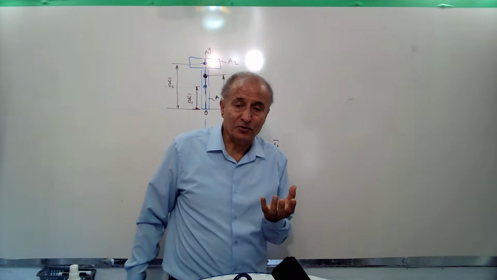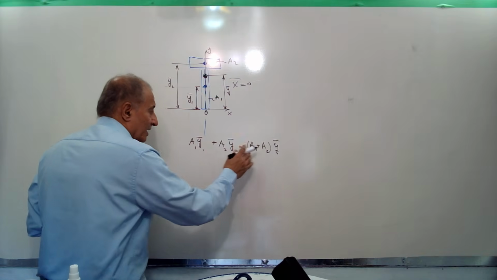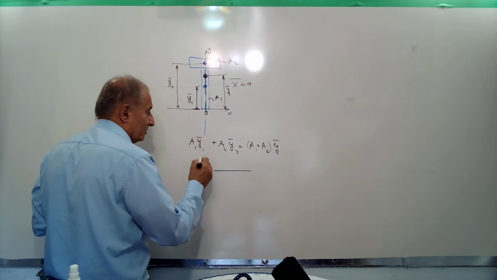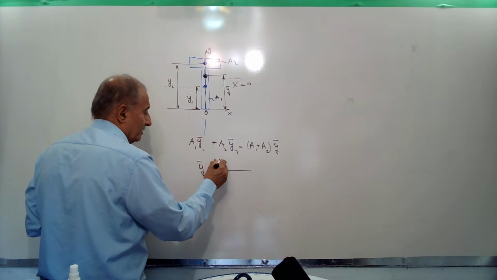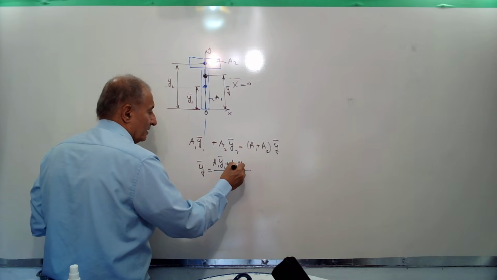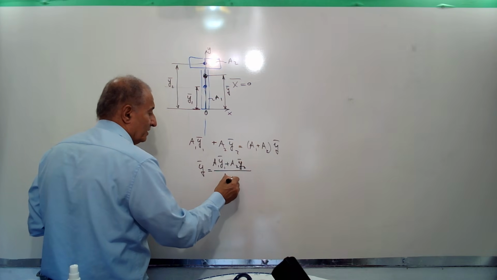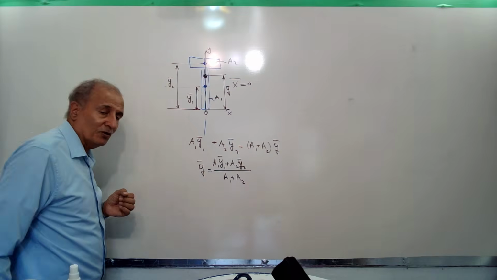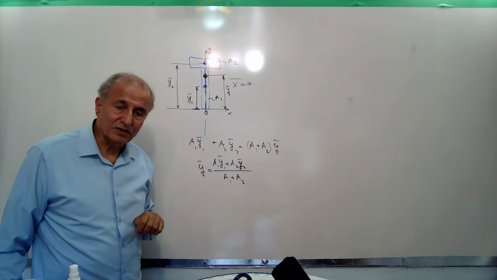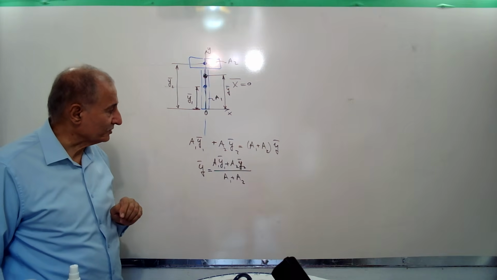That's the meaning of centroid. Then y bar is equal to A1 y bar 1 plus A2 y bar 2, divided by A1 plus A2. That's how to find the centroid distance along the axis of symmetry.